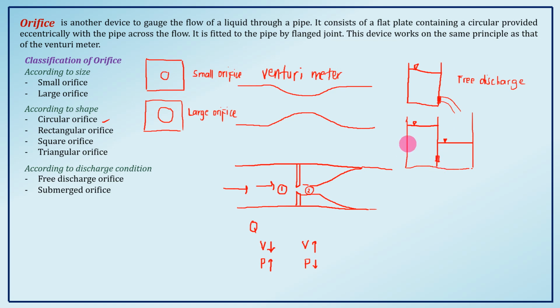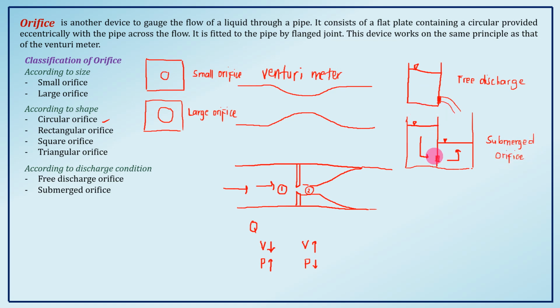Yung orifice natin is submerged sa liquid, and kapag inopen natin to, alam natin na yung liquids, gustong-gusto niya na nagpapantay yung level nila. Di ba? So, kung ito yung mataas, sa kanya manggagaling yung flow, para umangat itong isa. So, ito bababa, ito tataas. Ayan. So, in this type ng situation, we have a submerged orifice. Kasi nakalubog yung orifice. Submerged orifice.